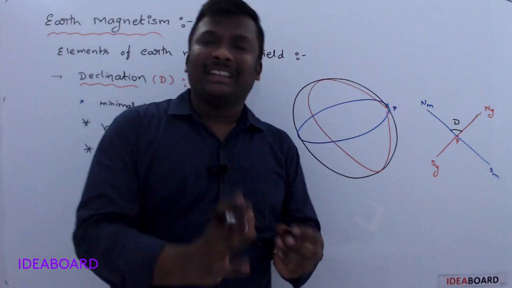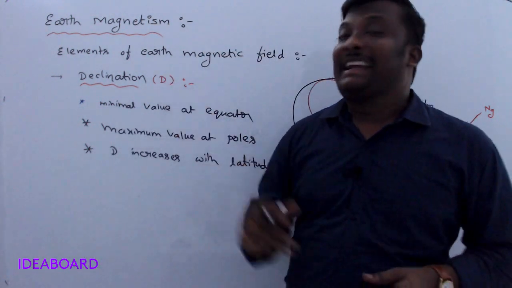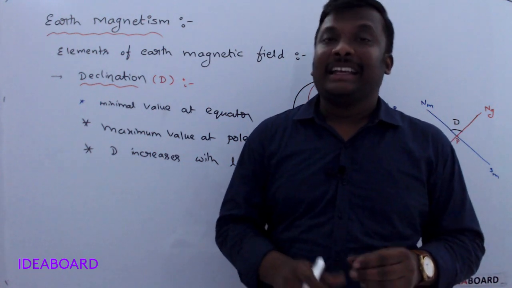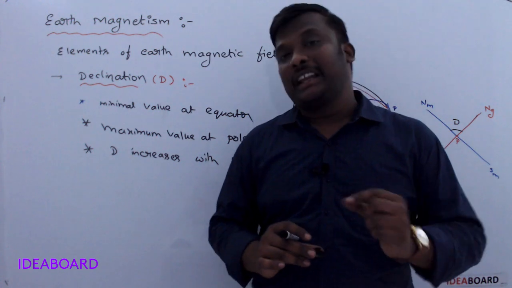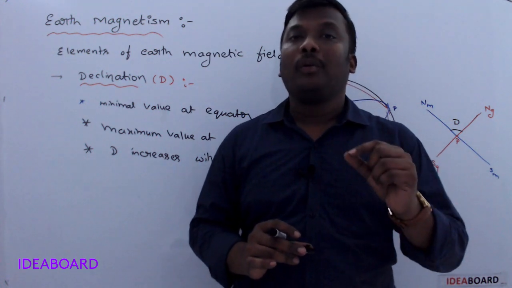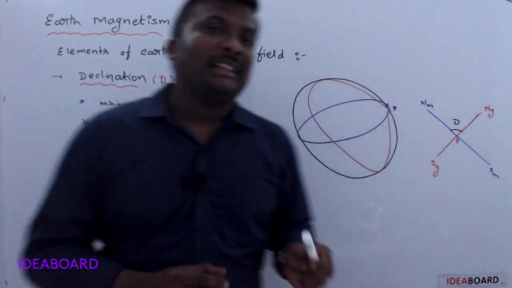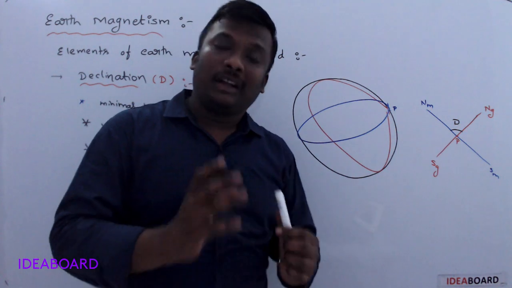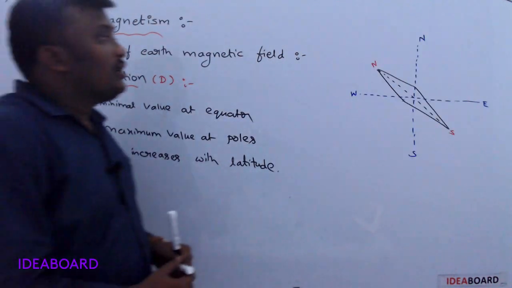Now, what is the major use of knowing this declination angle? If you know the declination angle, it allows us to correct the compass needle to determine the direction of the true north. Let us see one example, then you will understand the use of declination.